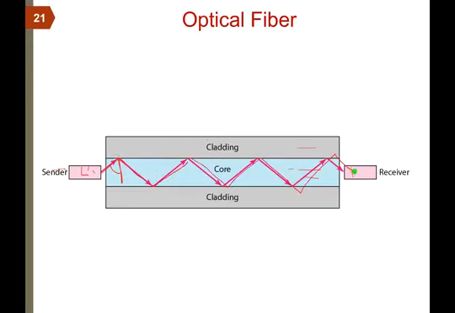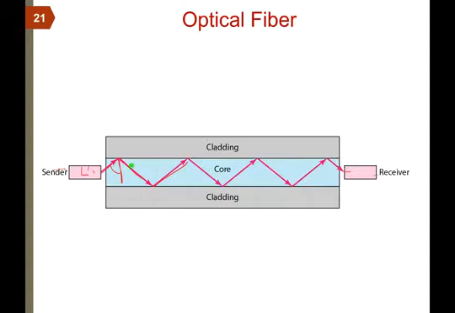The receiver is like a photodiode. It will convert the light signal into an electrical signal again. So this is the concept of operation of fiber optic cables.